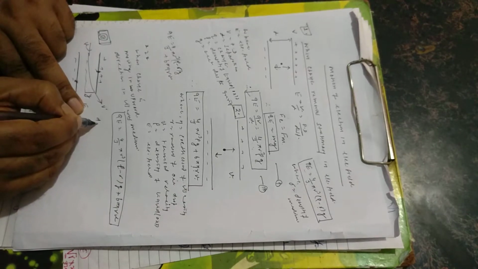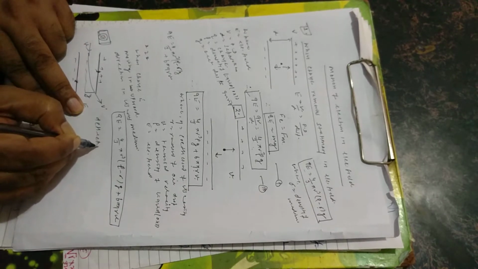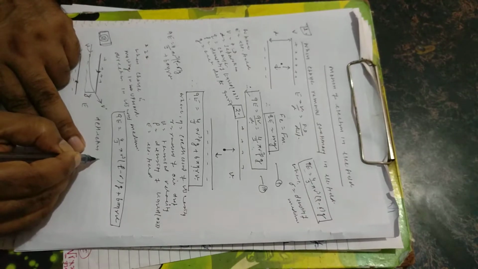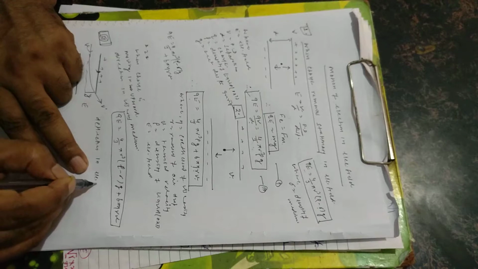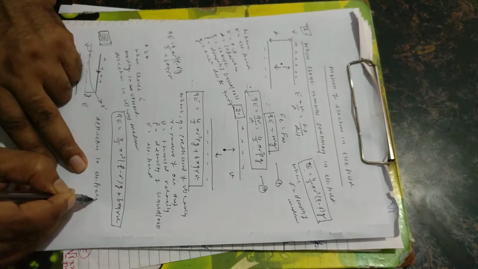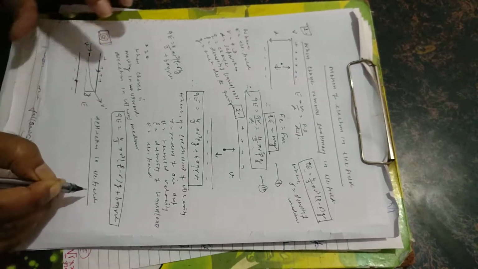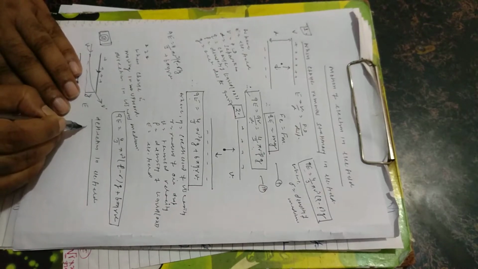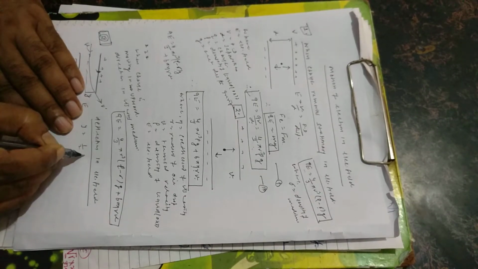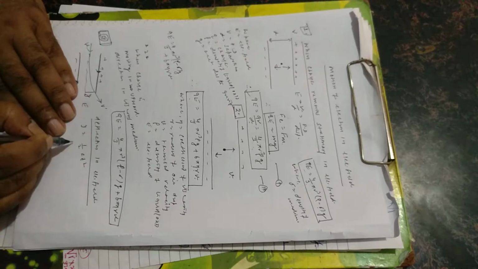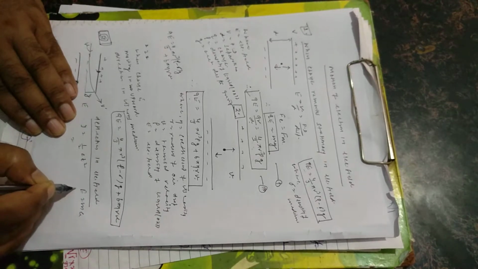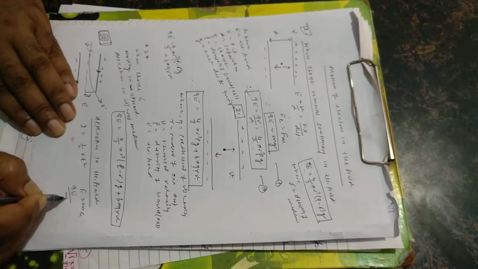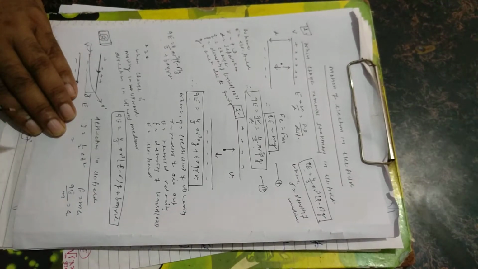So deflection in electric field experienced by the charge. So y equal to half a t square. F equal to ma, F is equal to qE, so a is qE by m.